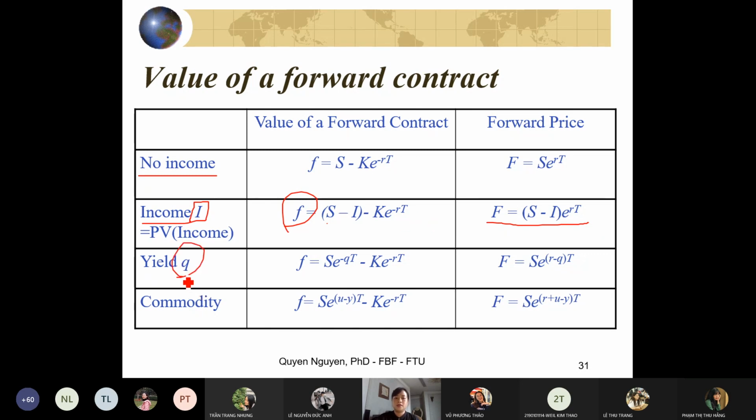And if we take into consideration a certain yield generated by the asset, then the formula to value the forward price would be equal to S multiplied by e raised to the power of R minus Q multiplied by T. And if it is a commodity, then we would have to consider the storage cost plus the interest rate, and minus the yield.